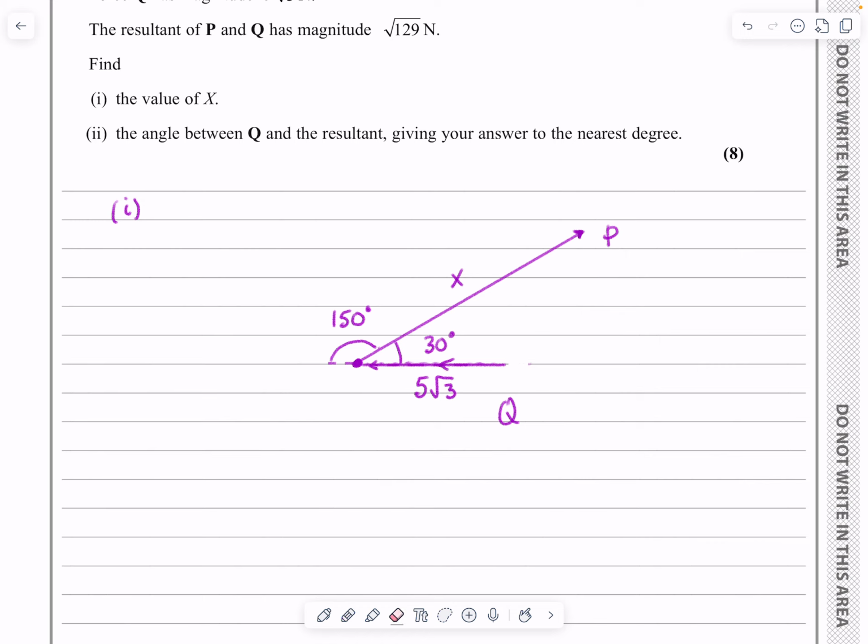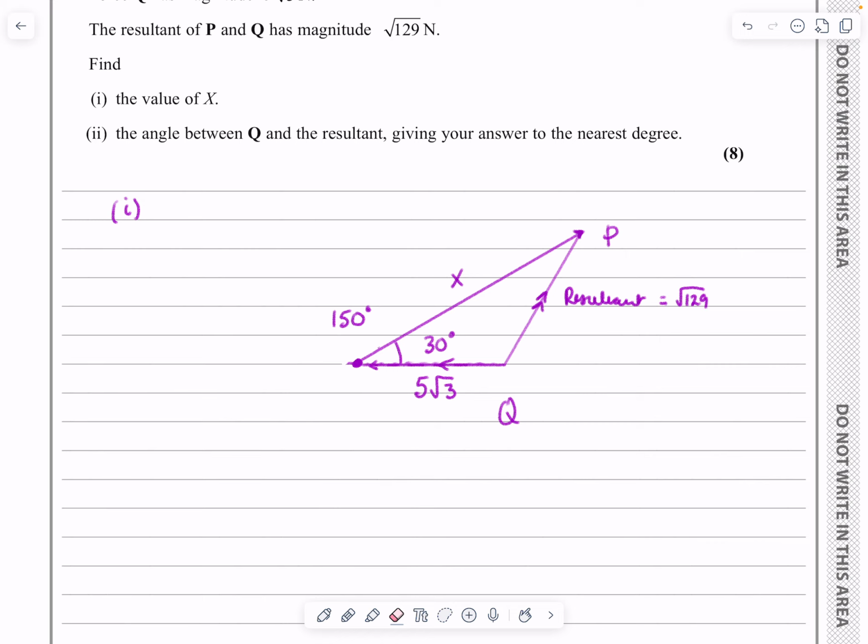Because if I do that, then the resultant force is going to be this force here. That's the resultant force there. If I think about this as Q followed by P, then Q followed by P would give me my resultant force there. And obviously I know that the magnitude of that is equal to root 129.